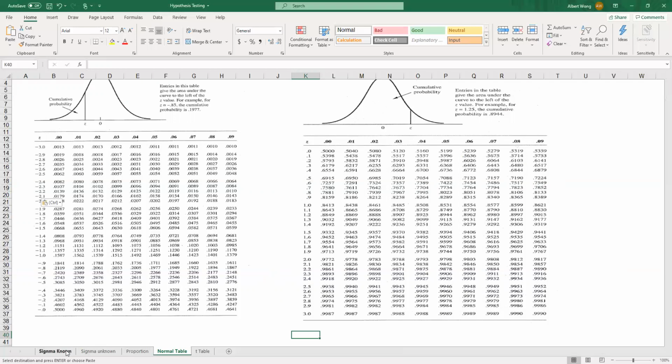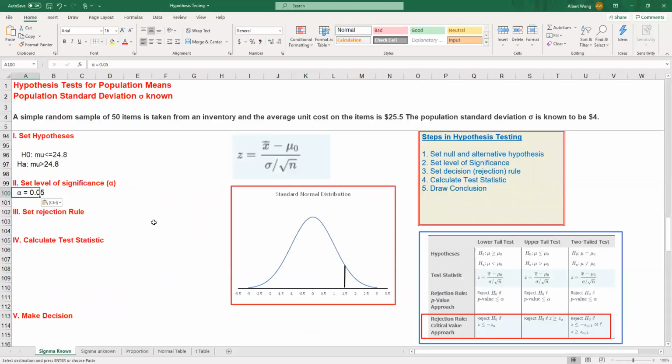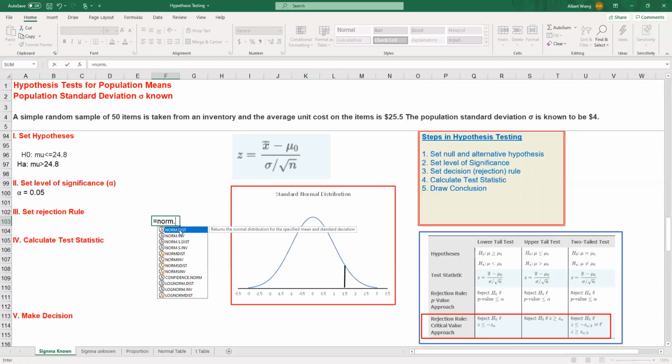Or you can just use the Excel function, which is norm.inv 0.95, right? So by drawing the picture, you can see that if this is 0.05, this is 0.95, okay? So that you wouldn't make any mistakes.